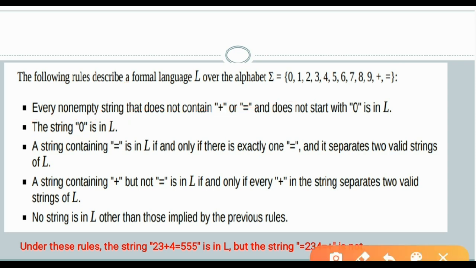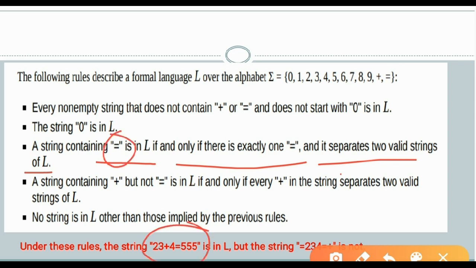And third, a string containing equals is in L if and only if there is exactly one equals and it separates 2 valid strings of L. You can see this condition here: 23 plus 4 equals.